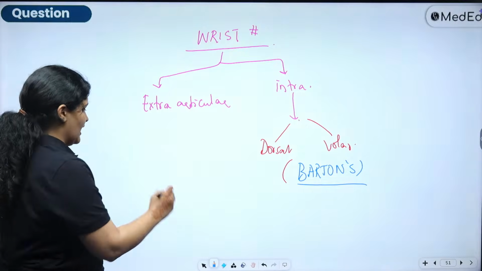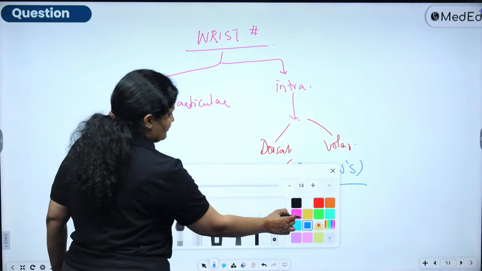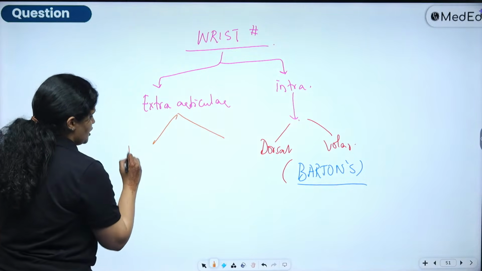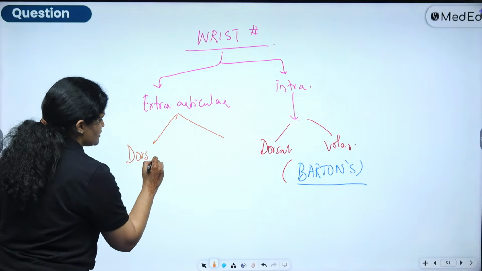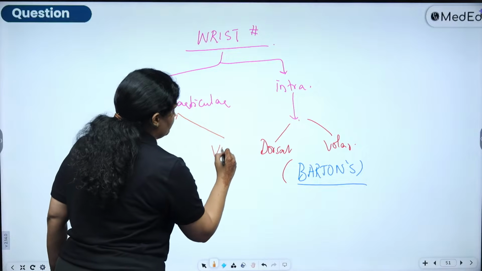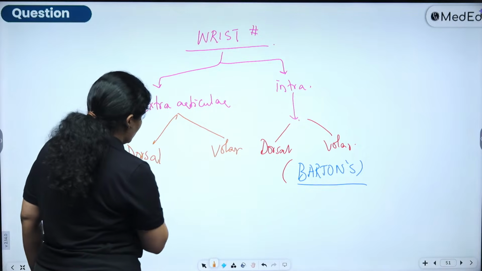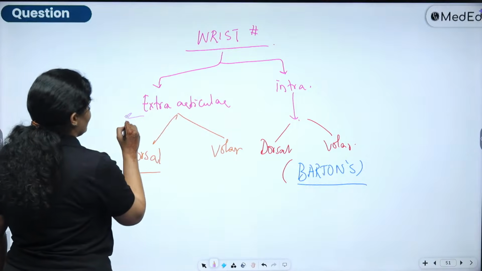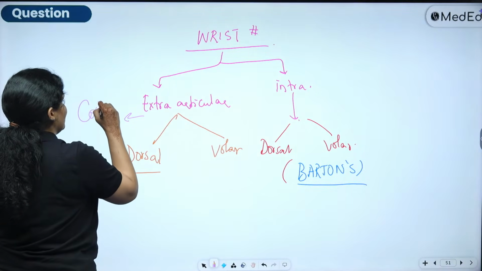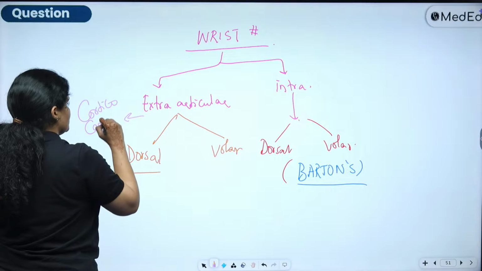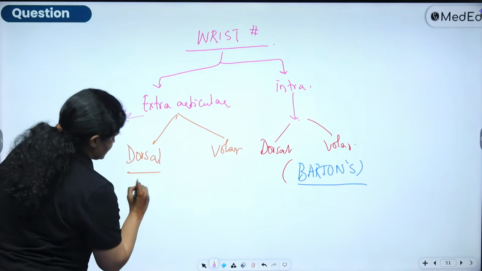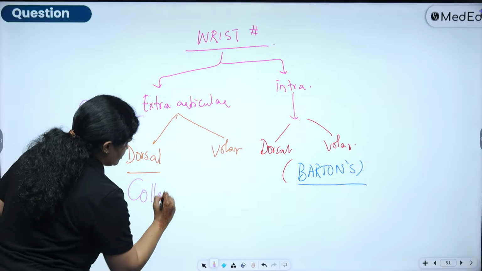Now coming to the extra-articular fractures of the wrist, it again depends upon the displacement. One is dorsal displacement, the second is volar displacement. Dorsal displacement with an extra-articular fracture at the corticocancellous junction is called the Colles fracture.